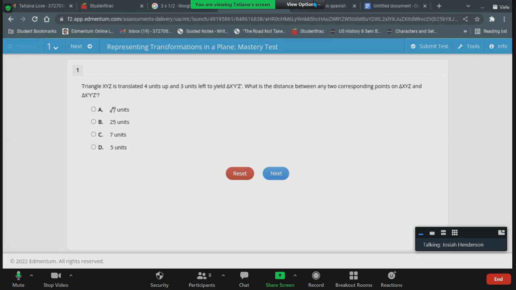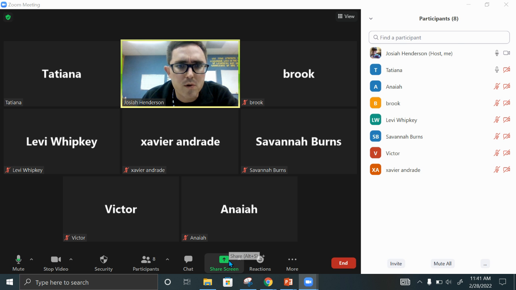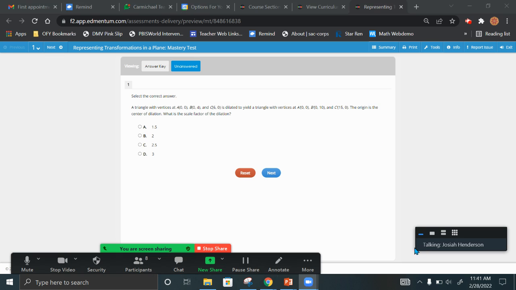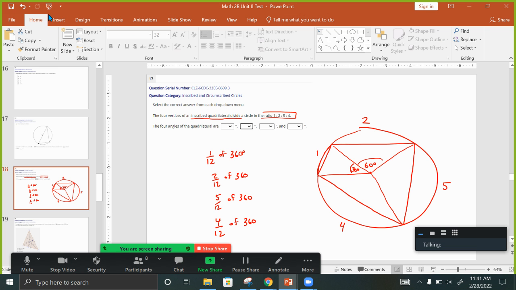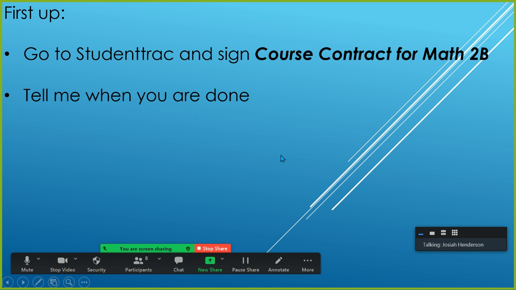Regardless of where X, Y, and Z live originally, it's going up 4 and then left 3.